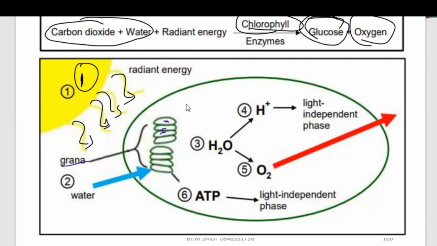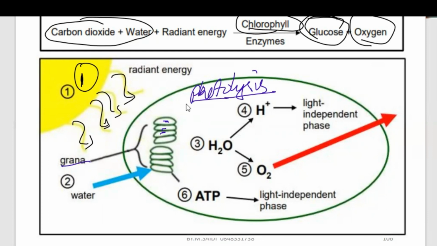The plant will absorb water from the soil, and then this light will help to carry out a process called photolysis. Lysis means splitting and photo means light.